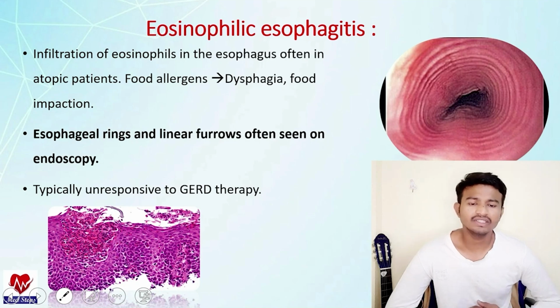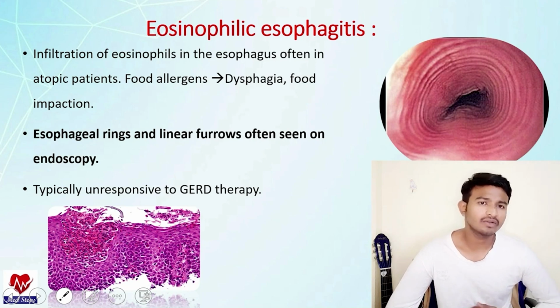Infiltration of eosinophils in the esophagus, often in atopic patients. For example, one child has a peanut allergy and I don't know about that. So I gave him a chocolate, and in that chocolate peanuts were mixed. He ate the chocolate and had an allergic reaction, so I admitted him to a hospital.